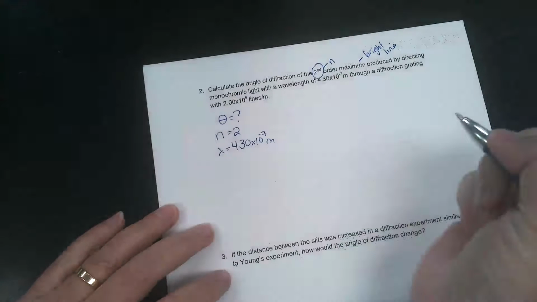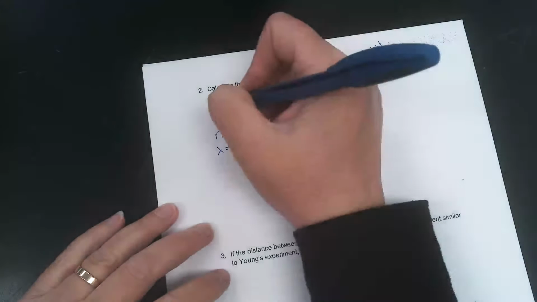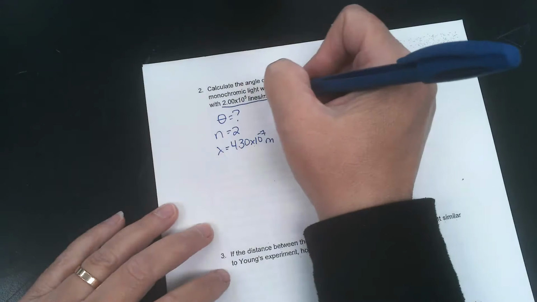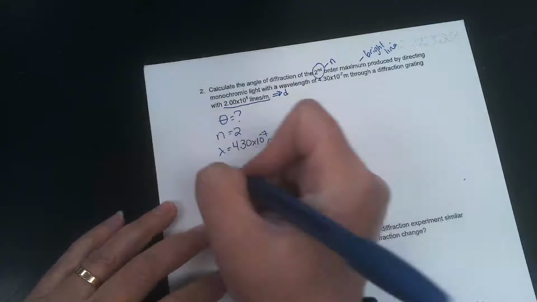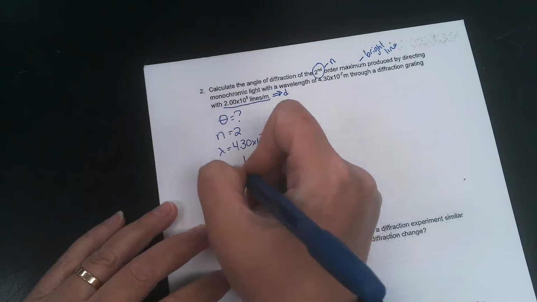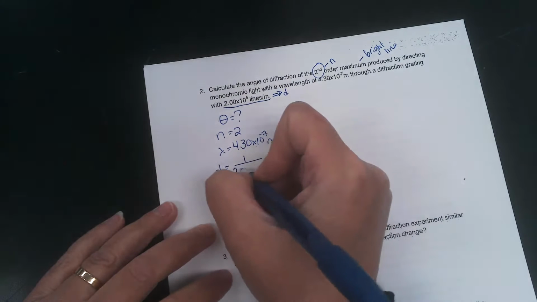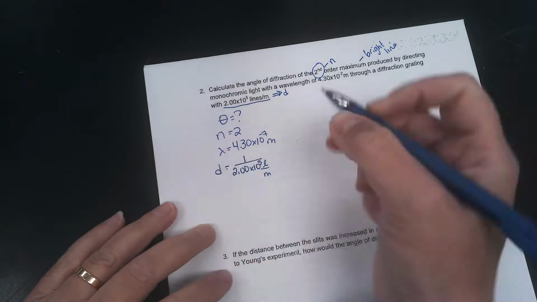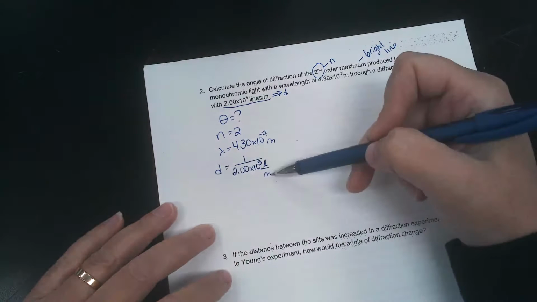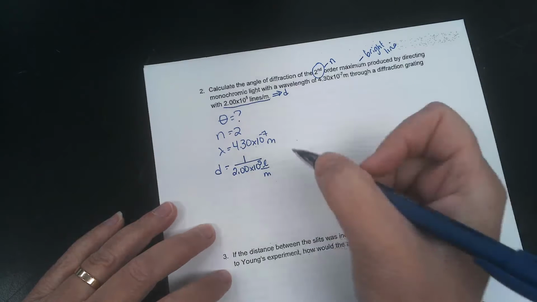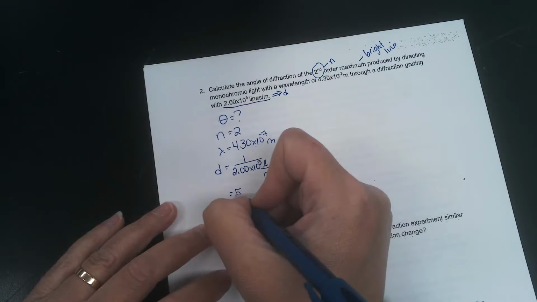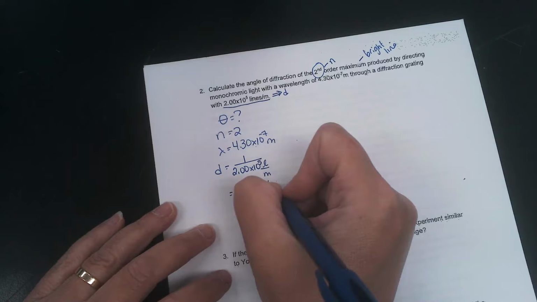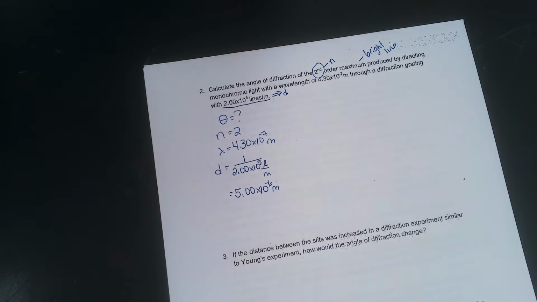And the diffraction grating, this is lines per meter, but what we need is the distance. So it's going to be 1 over 2.00 times 10 to the 5 lines per meter. And when we do the math, meters becomes the primary unit, and we get the diffraction grating spacing is 5.00 times 10 to the negative 6 meters.